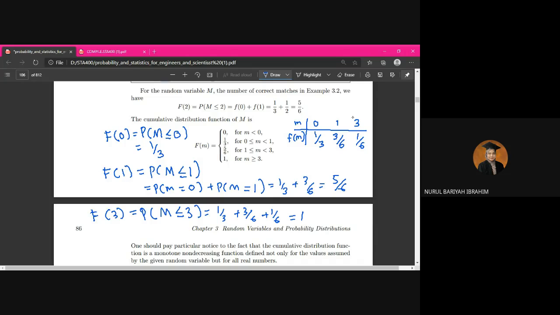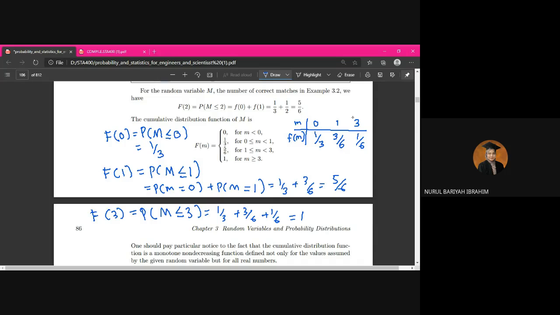Okay, kat sini if you are wondering kenapa tak ada 0, 1 and 2 kat sini, because of kita punya possible value daripada example 3.2 tu hanya ada 0, 1 and 3 sahaja. Okay, it depends pada the situation. Right, so because of this PDF table, we will use these possible values of M untuk create this range.